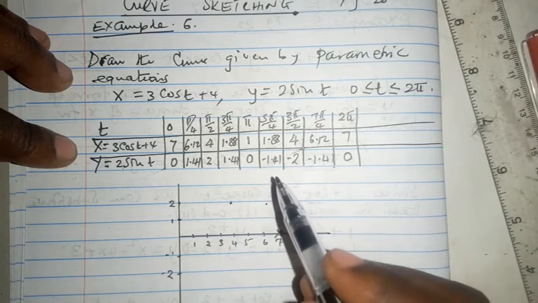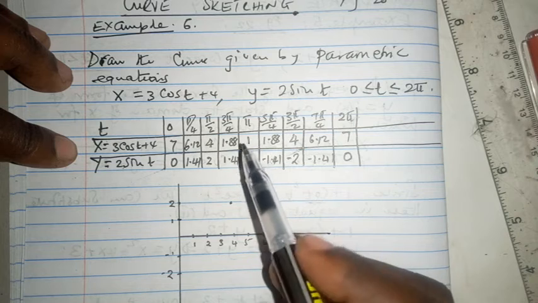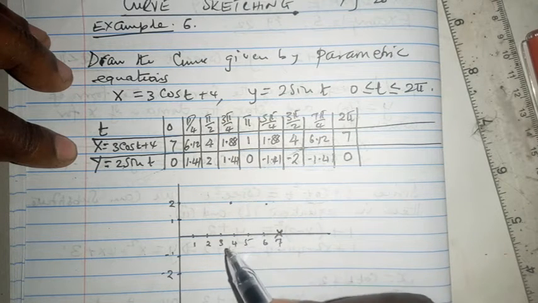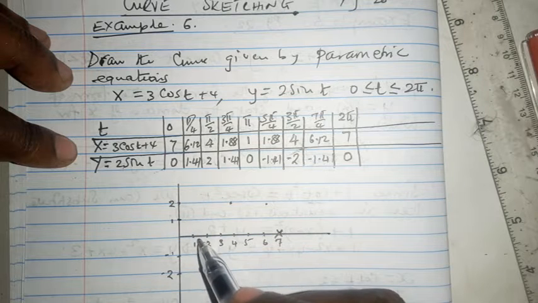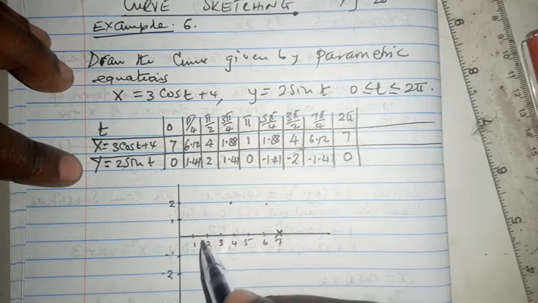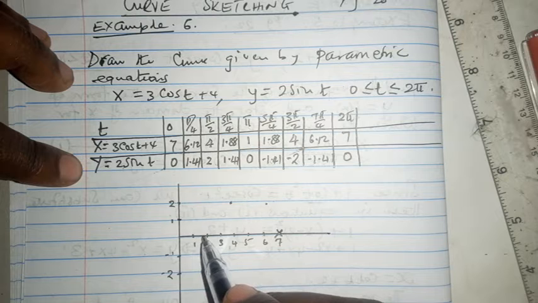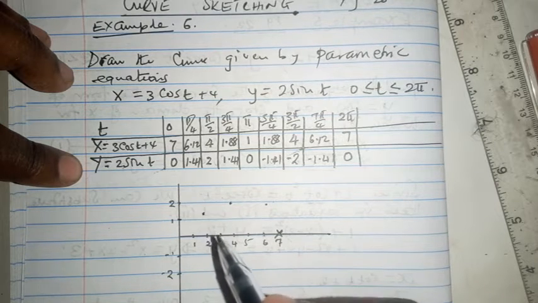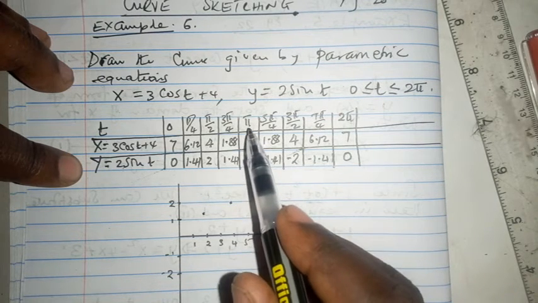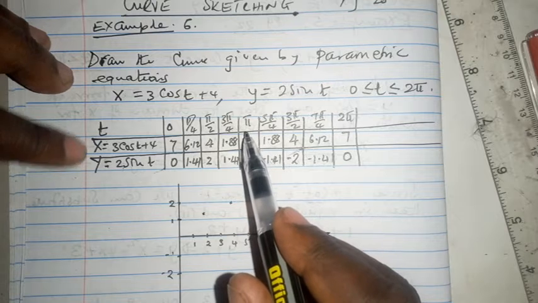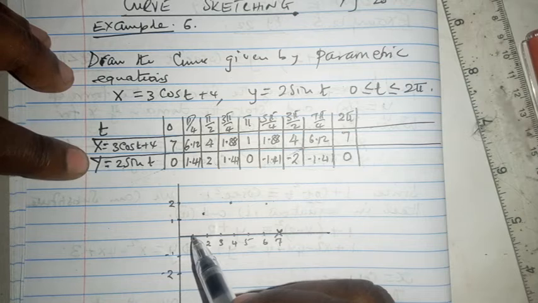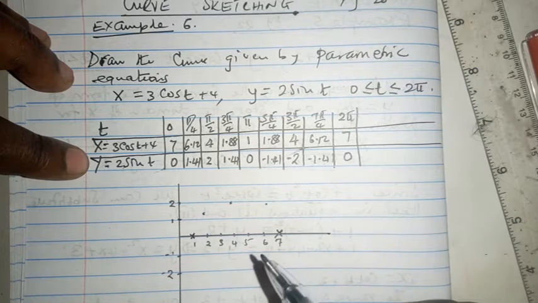And then when t is 3 pi over 4, x is 1.88, somewhere here. Yes, 1.88. And the value of y is 1.41, around there. When t is pi, x is 1, and y is 0, somewhere there.